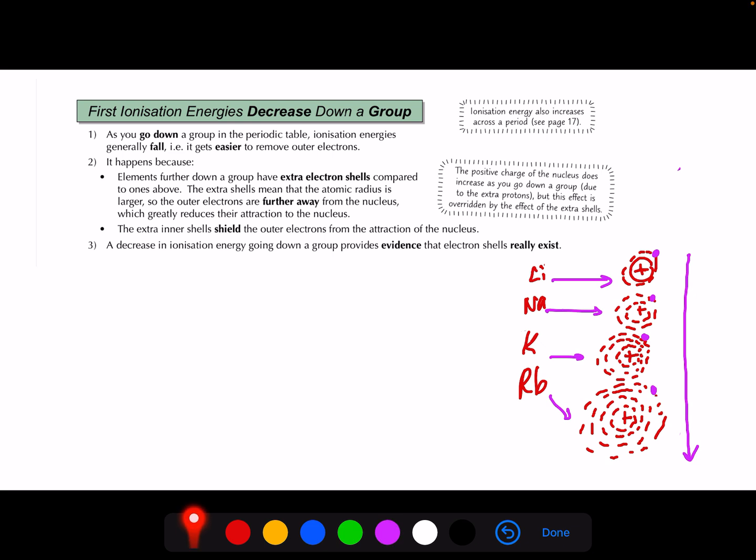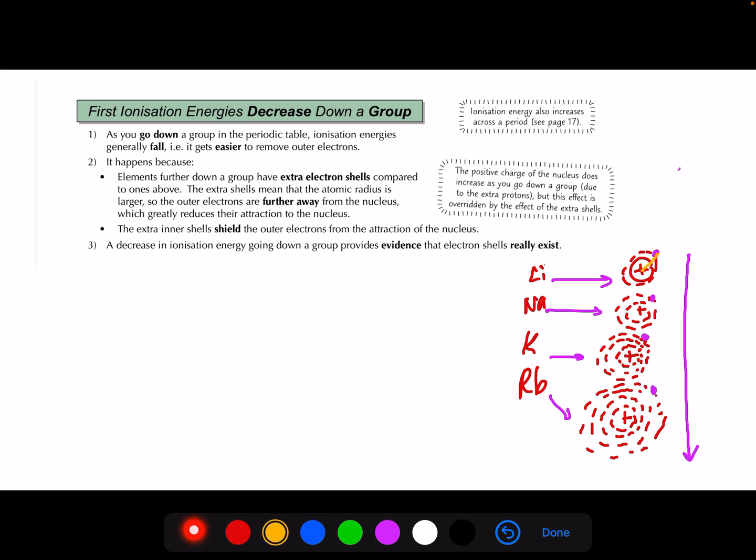let's move step by step, and then we will conclude the answer without any need to memorize. As I move down the group, there is an extra electron shell. We know this from the periodic table. That means the electron in the outer shell is further away from the nucleus because the atomic radius is more. What do I mean by atomic radius, guys?